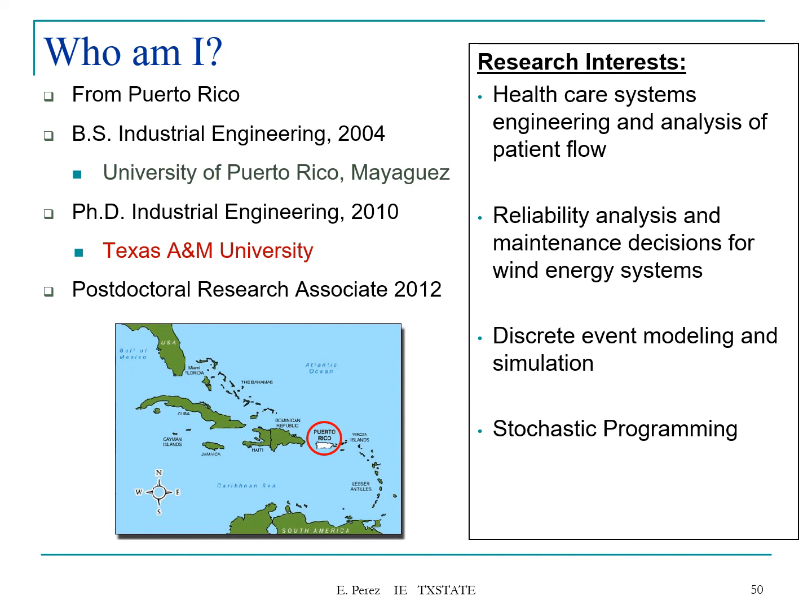And finally, we have a project with the Texas Workforce Commission. This is not necessarily a research project. This is more a practical project in which students make reliability assessments for different products that are manufactured by people with disabilities in the state of Texas.